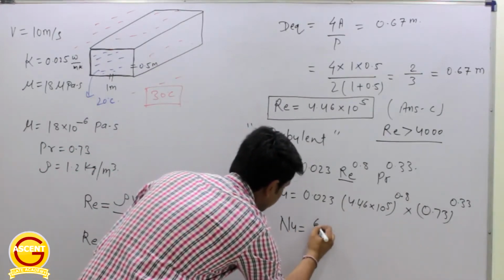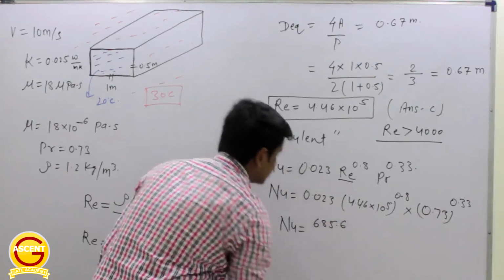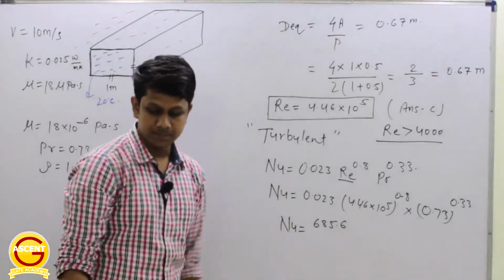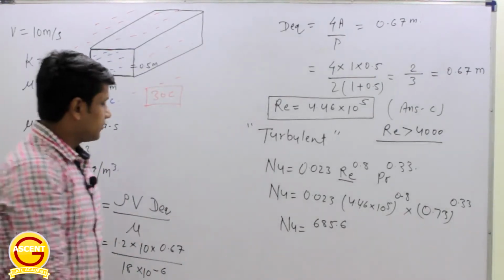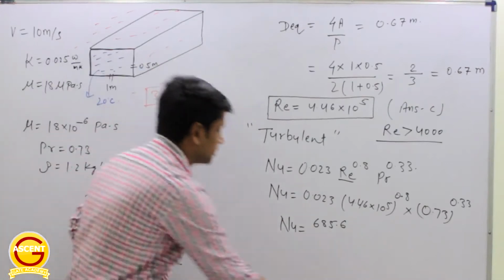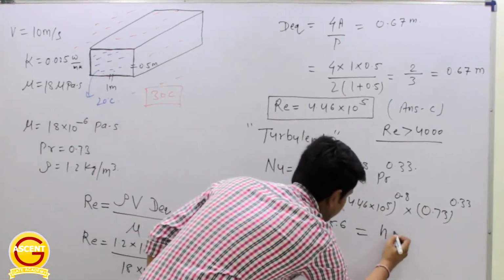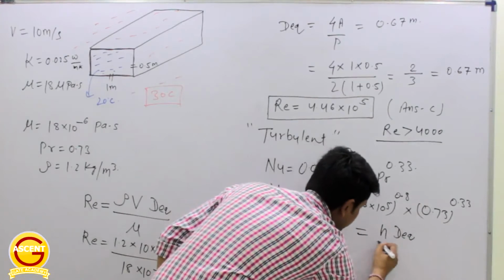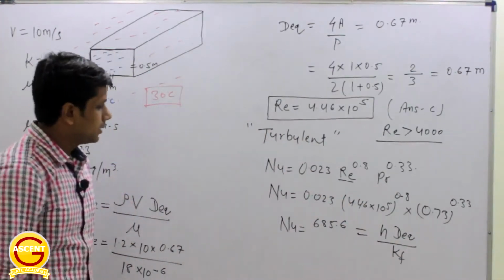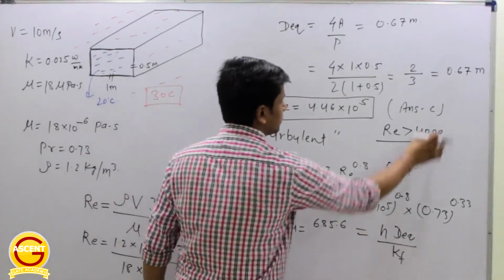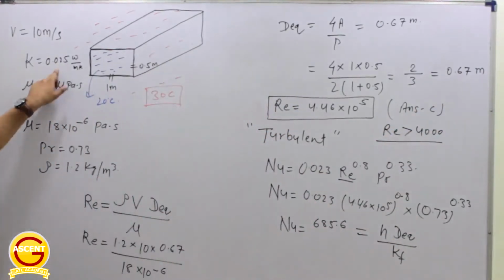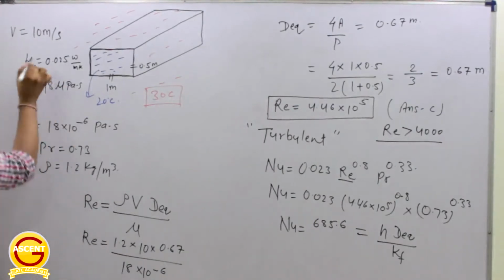So Nusselt number will be 685.6. Right, and it is dimensionless, so no unit will be there. Now we have got this Nusselt number and we know the formula of Nusselt number is what? It will be h into D equivalent divided by k fluid, right? So D equivalent we already know it is 0.67, k fluid value is given to us, it is 0.025, this is for fluid, right?